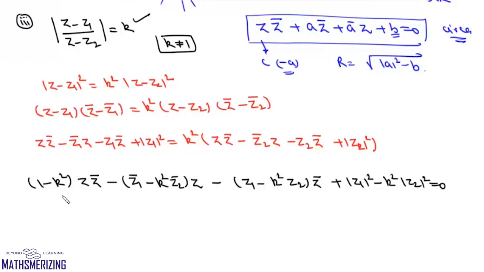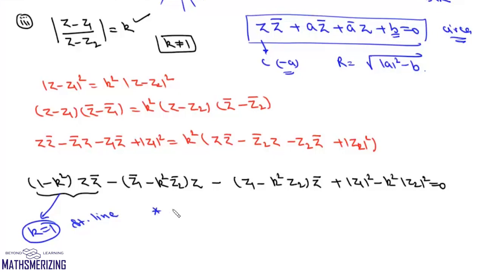Now if this k is equal to 1, then we won't have this z z bar term. Then we can write this as a z bar plus a bar z plus b equals 0, which is the equation of a straight line. So if this k is equal to 1, then this equation will represent a straight line.